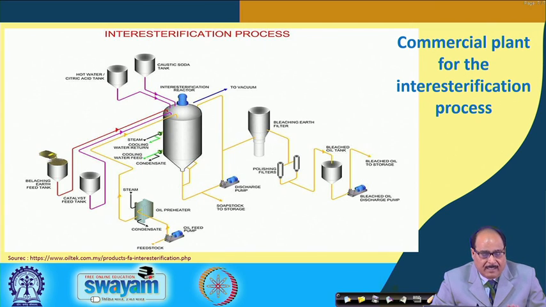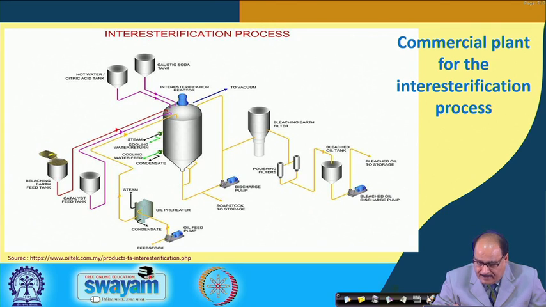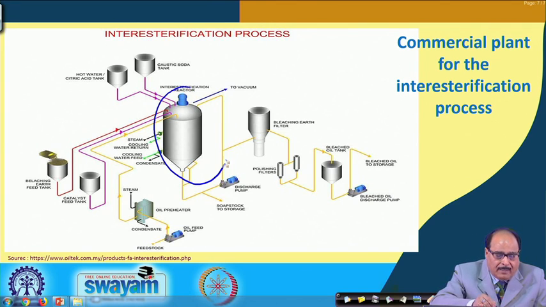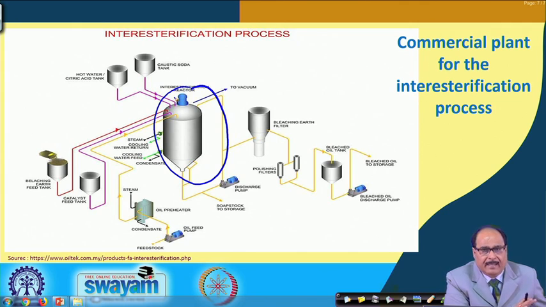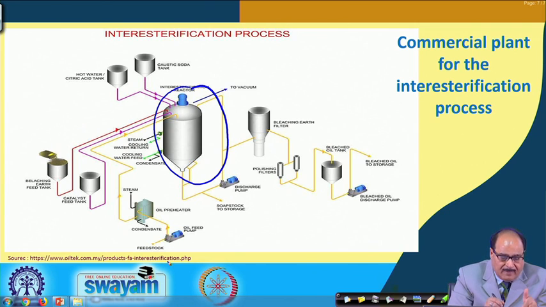The setup here shows how the materials move in the industry. This is the actual reaction system, which is like a hydrogenation reactor. This reactor is provided with all necessary instrumentation and facilities to maintain the temperature and pressure, and to facilitate the entry of the oil, the catalyst and others.